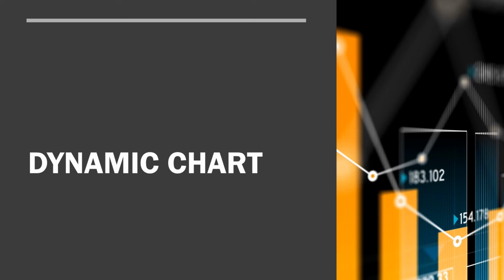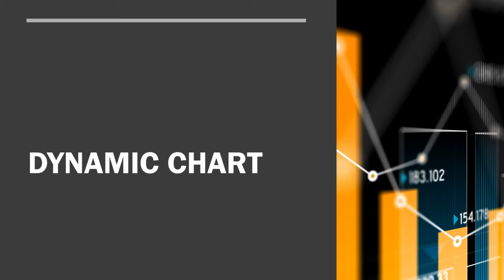You do not need to create one chart for each type of data. You can just use one chart, but the dynamic chart allows you to select with which data you want to show, and the chart will follow the data that you have selected that you are going to show.